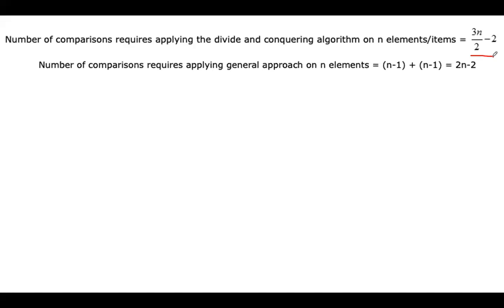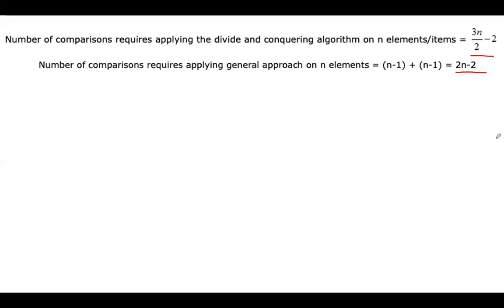The number of comparisons required for our first method is 2n minus 2. Now tell me which one is better. You got 3n/2 minus 2 and 2n minus 2. See, when we talk about complexity, both are nothing but big O of n itself, right?